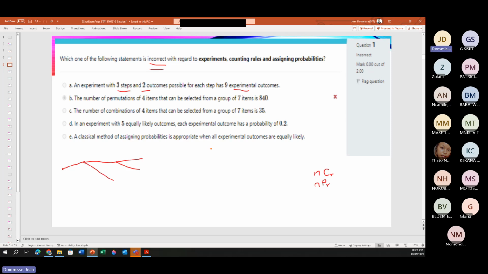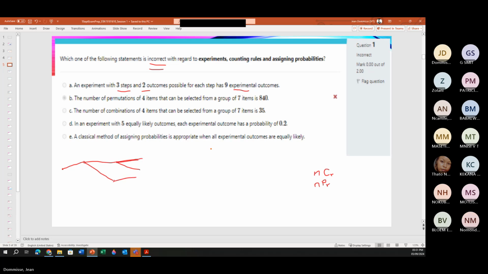One step, two outcomes. So I wanted to say it's something like this. How did you get 14? That first one, I think, should actually be 8.